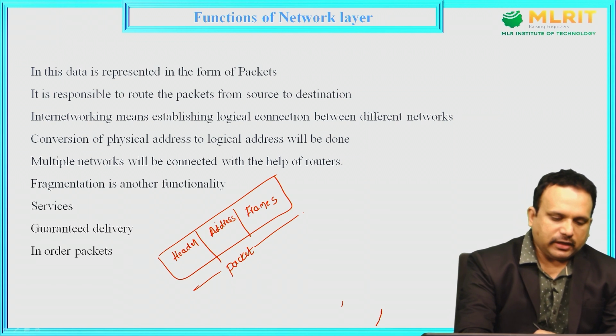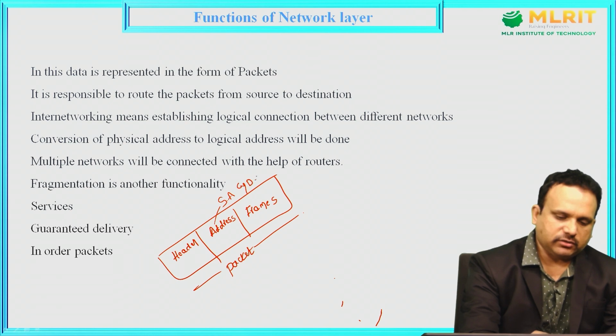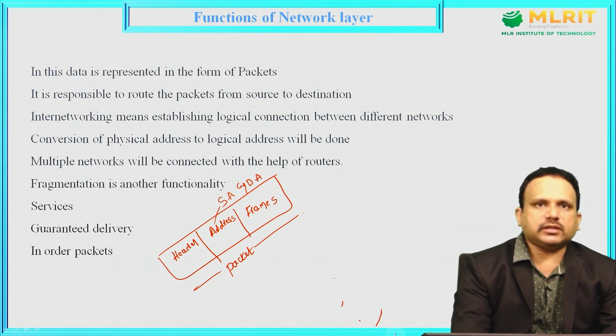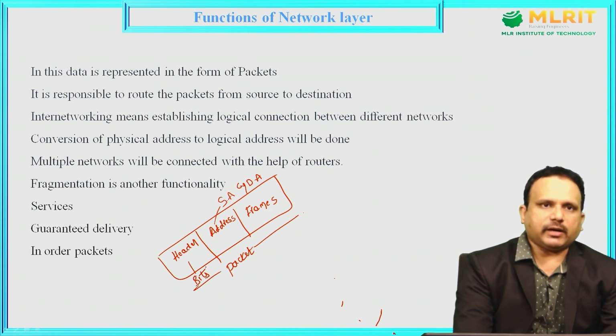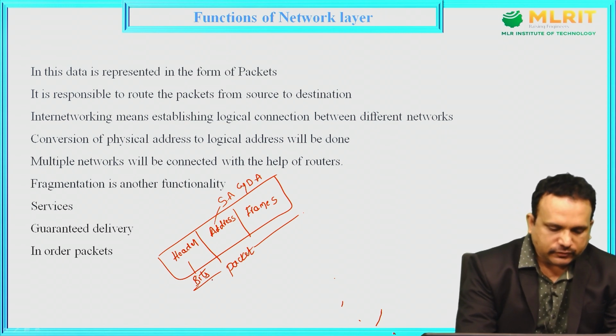What does this address contain? The address contains the source address and the destination address. Source address means from where the data is going to be transmitted, and destination address means to where the data is to be transmitted. The header part contains bits. What is the use of these bits?